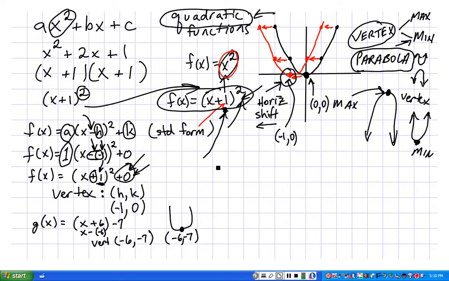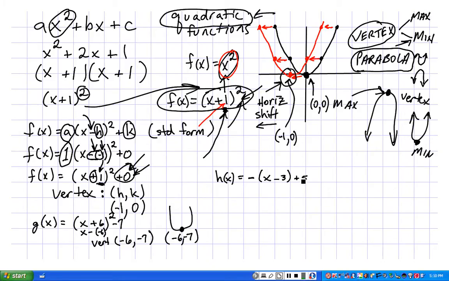Let's say you had a function, oops, I forgot to put my square back on this. Make sure that's there. Alright, it's not a parabola without that square there. Okay, so I have (x minus 3) squared plus 5.